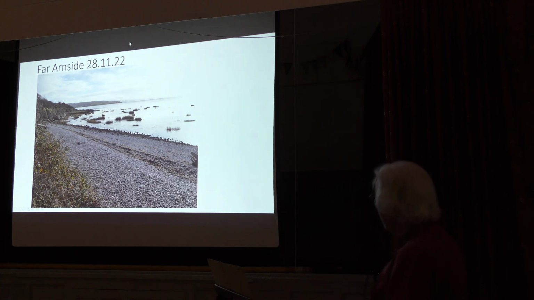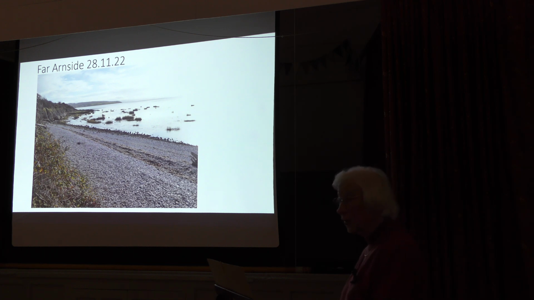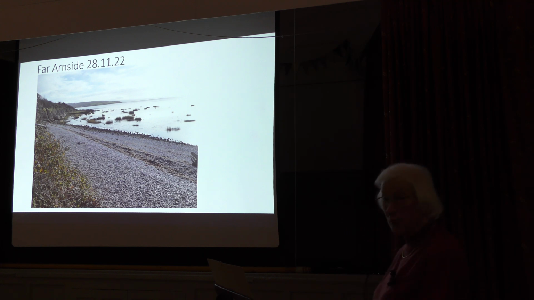And then the final slide is a view at Far Arnside, and once again you can see that there are Spartina clumps looking rather like the Spartina clumps that we saw at Kent's Bank back in 1987. So there are signs all the way along that Silverdale shore of regrowth of marsh. But obviously it's far from consolidating in most places, apart from just that narrow strip at Silverdale.